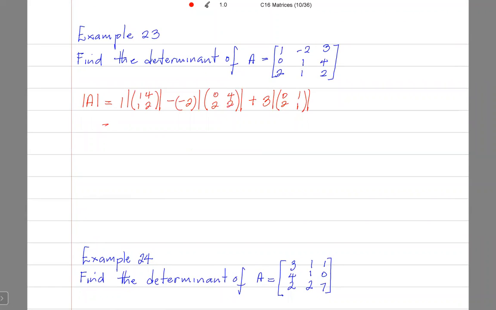This is 1 into 2 minus 4, plus 2 into 0 minus 8, plus 3 into 0 minus 2. This is minus 2, minus 16, minus 6, and the determinant here is minus 24.